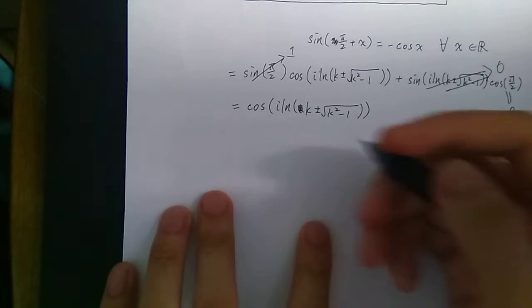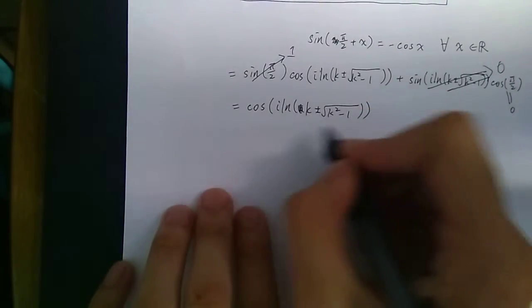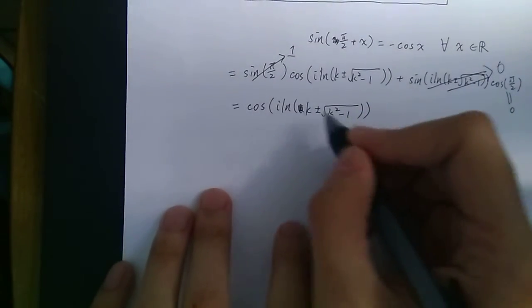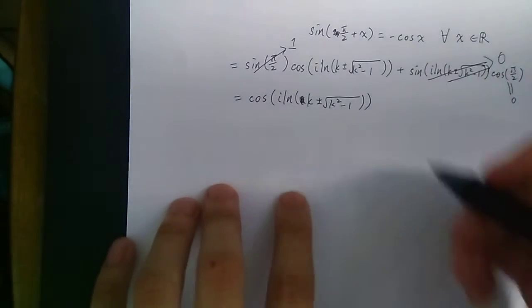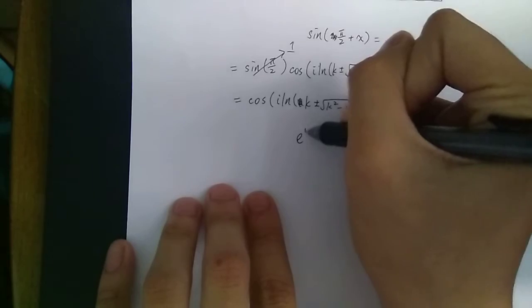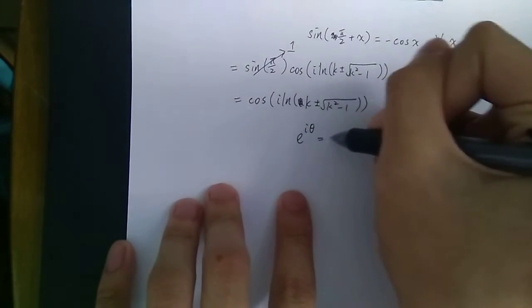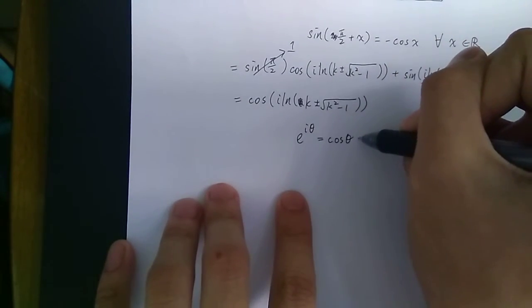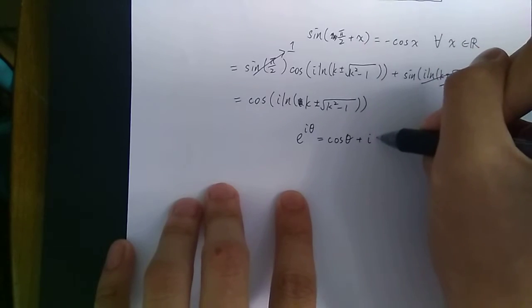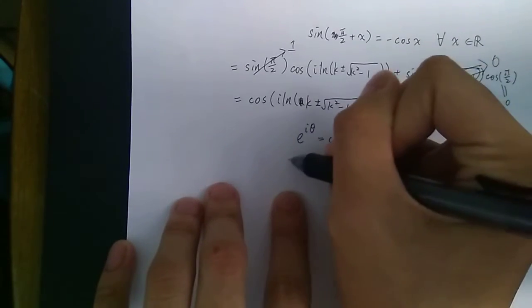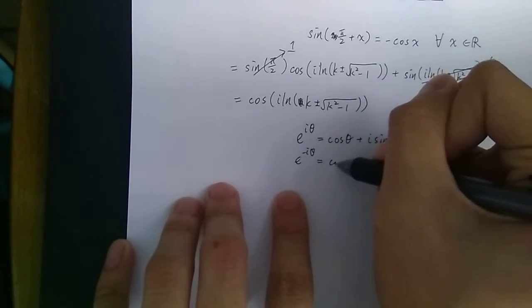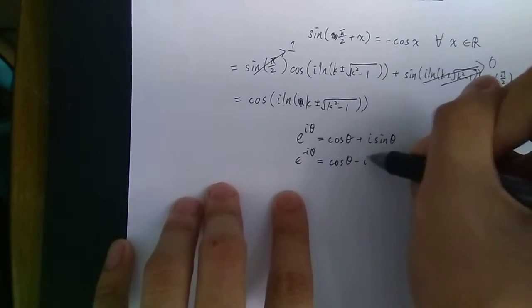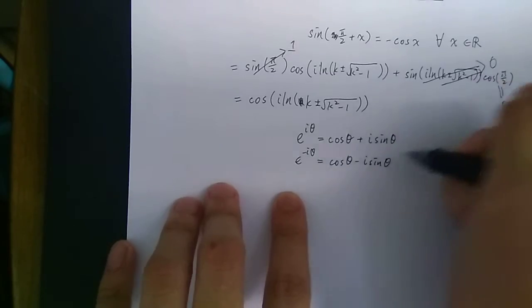And then how do we evaluate this cosine of something in a complex world? We know that e to the i theta equals cosine theta plus i sine theta, and e to the negative i theta equals cosine theta minus i sine theta.